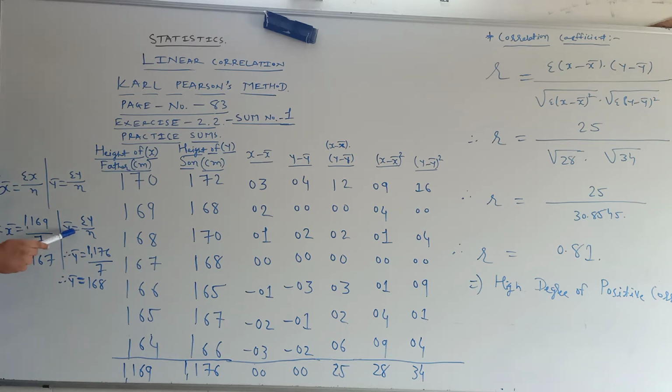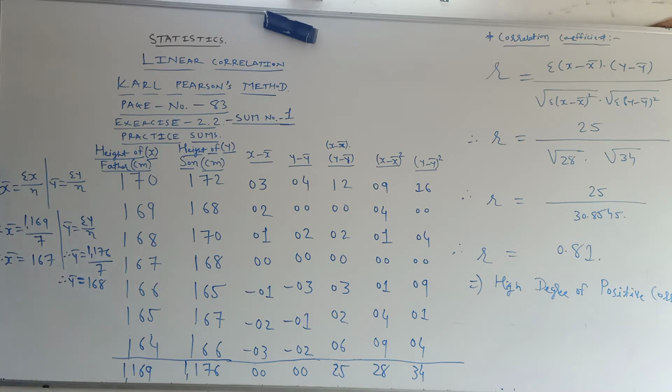For y bar, it is sigma y upon n. The total of y, that is sigma y, is 1176 divided by n, the number of pairs, 7, so 168.